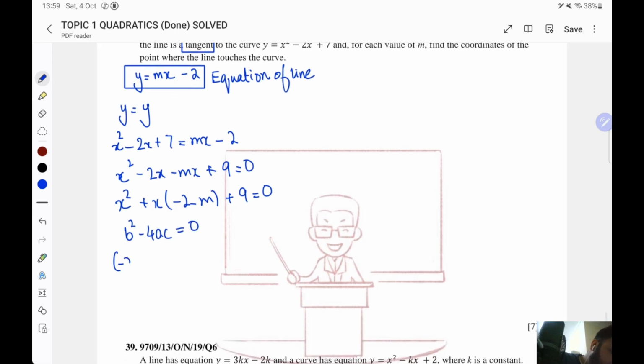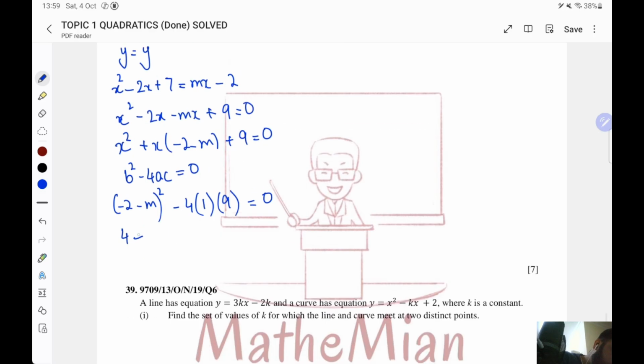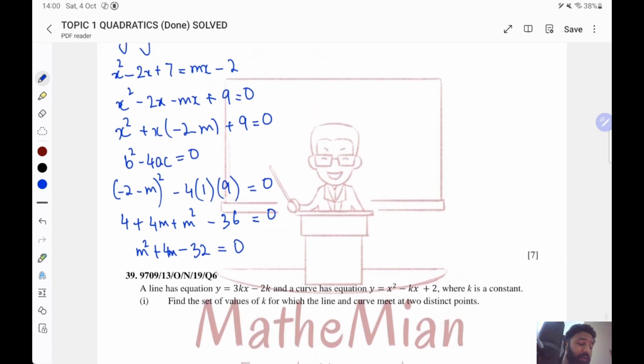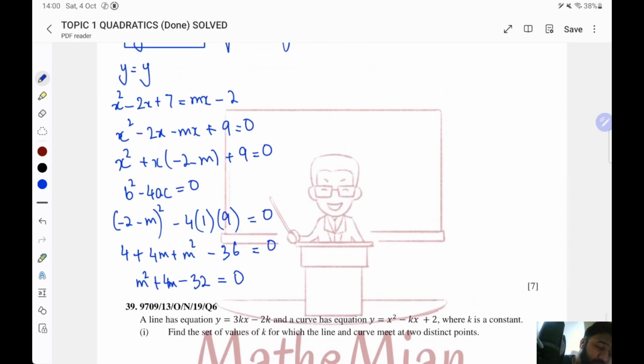So let me substitute them here. 4 times a times c, which is 9. So 4 plus 4m plus m square minus 36 equals 0. So m square plus 4m minus 32 equals 0. So the two factors will be 8 times 4.